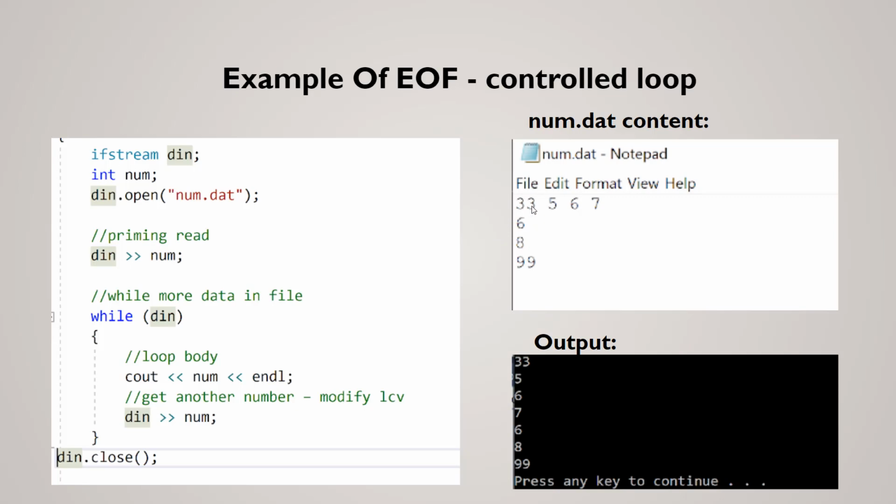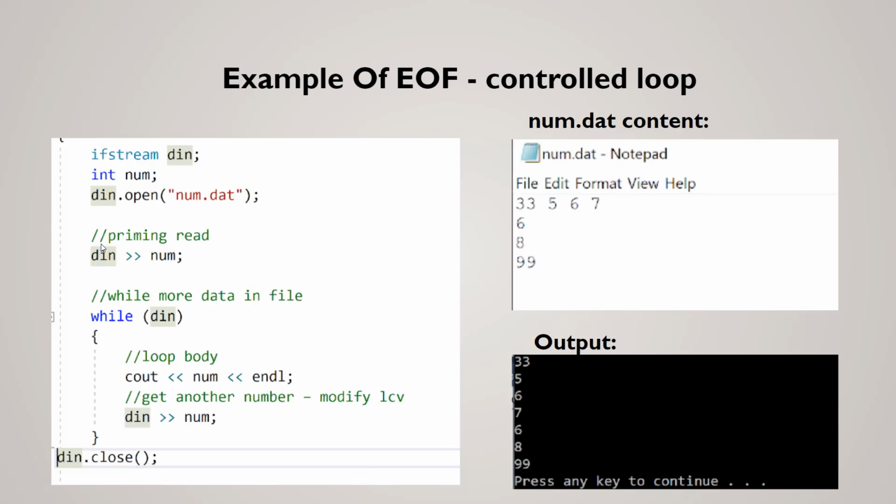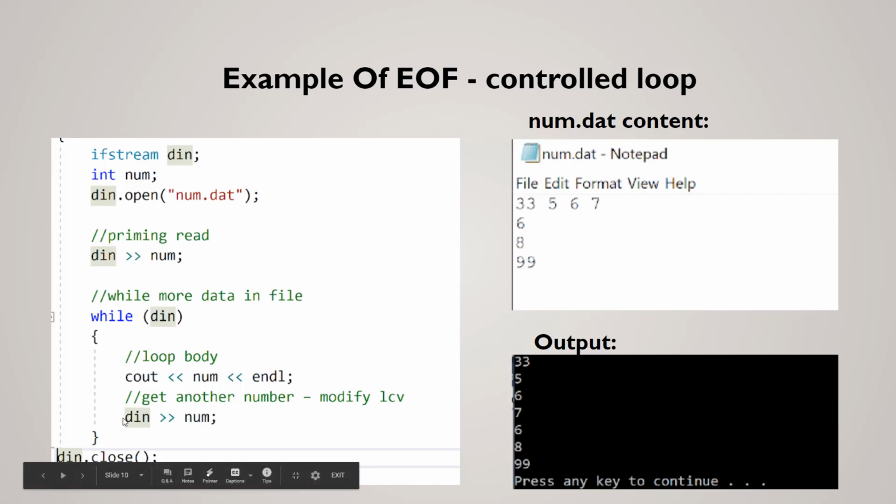Num would be 33 because that's the first integer value that we have in the file. And then we would enter the loop body. The loop body is just this one line where we output num and then endl. So we would cout 33 and an endl, and then we would modify the LCV by reading the next value from the file. And like I said, the priming read and modifying the LCV are the exact same line in this case.